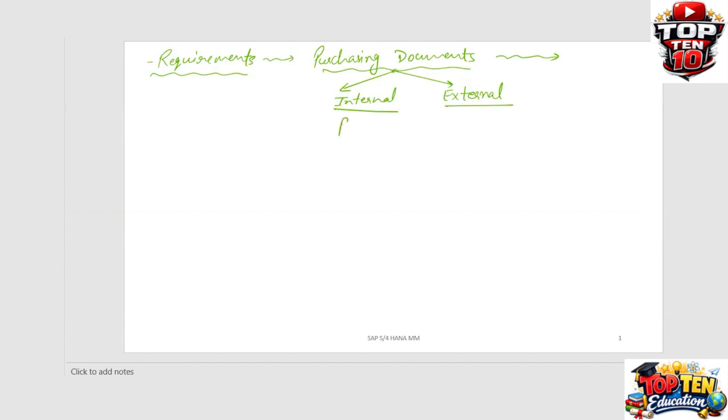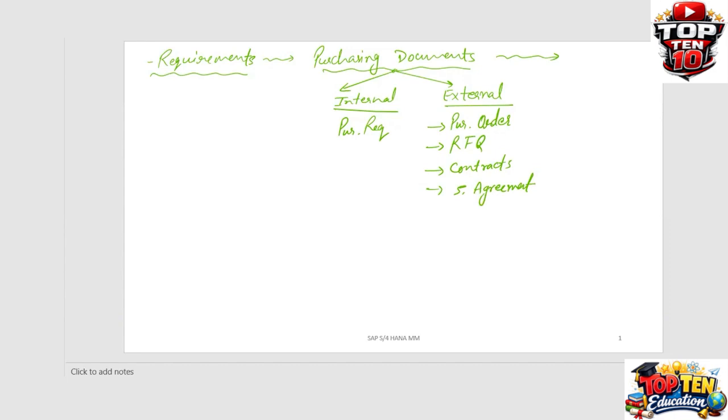Internal purchasing documents is purchasing requisition, and external purchasing documents are purchase order. After that purchase order, we can say request for quotation, we can say contracts, planning, scheduling agreements. Combinedly, we call them outline agreements.